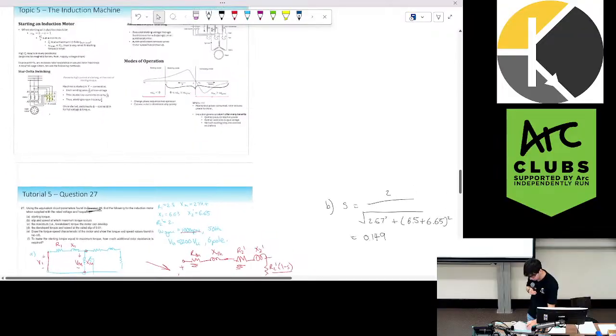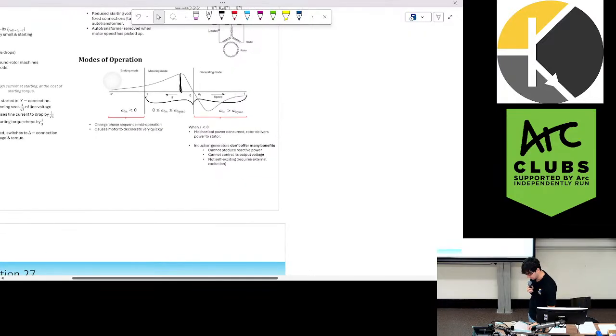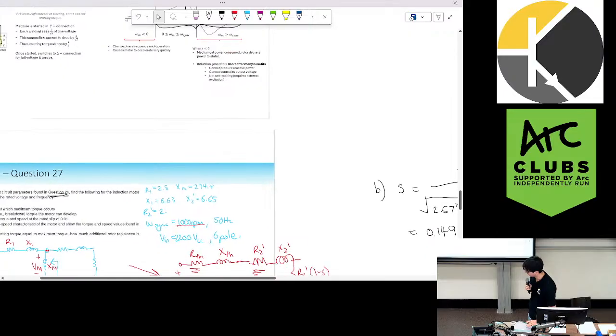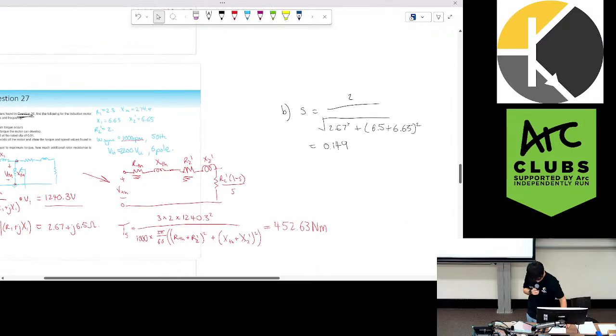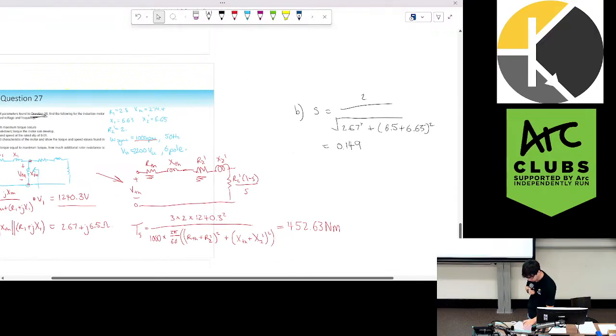If we look at our mode of operations, 0.149 is very close to here. The reason we have this full load, or the maximum torque, my bad, here. Actually, I'll explain that later once we draw our diagram. That's all right. Cool, so then we need to find the speed from this.